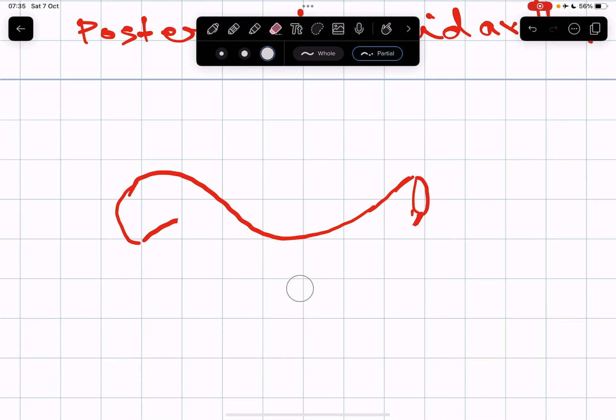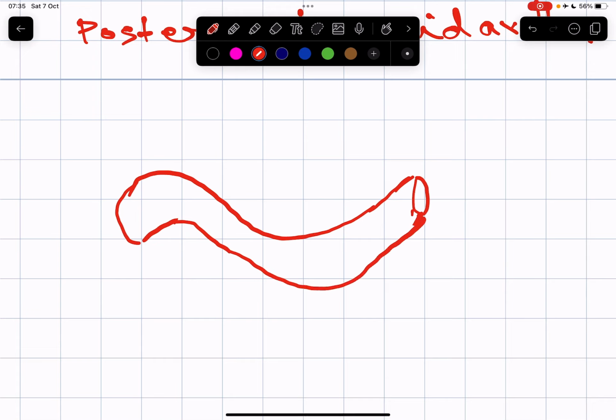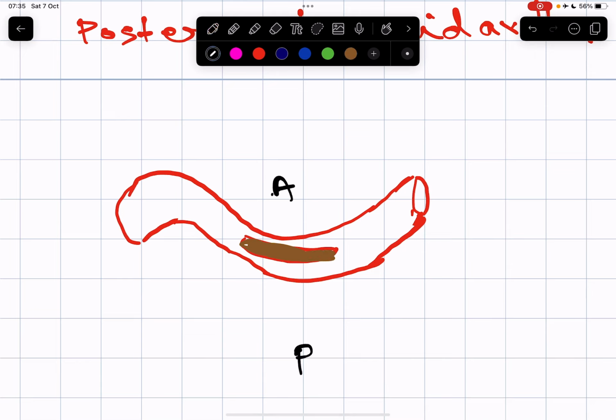This part here is cylindrical, the medial two-thirds. On its under surface, in the middle part, there is a groove. This is the subclavian groove, where the subclavius muscle is inserted. If you consider this as anterior, this is posterior. So along this line is the anterior lip of the subclavian groove, and along this is the posterior lip.